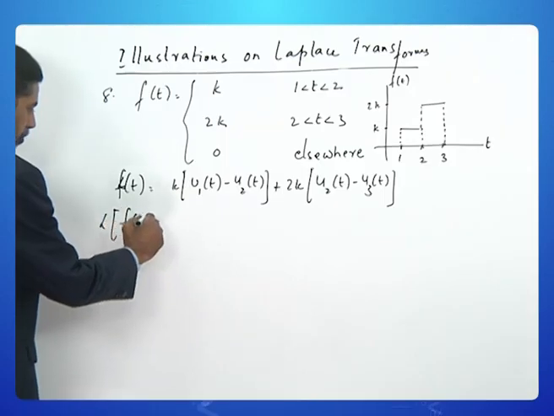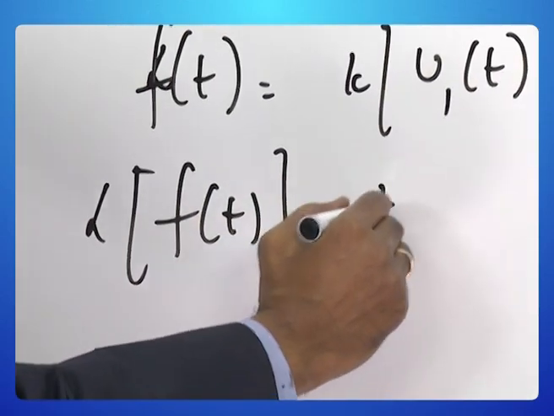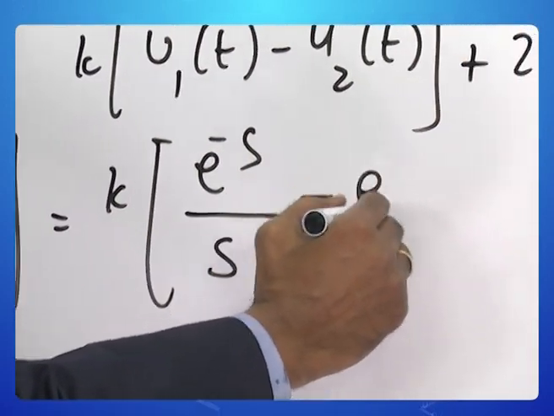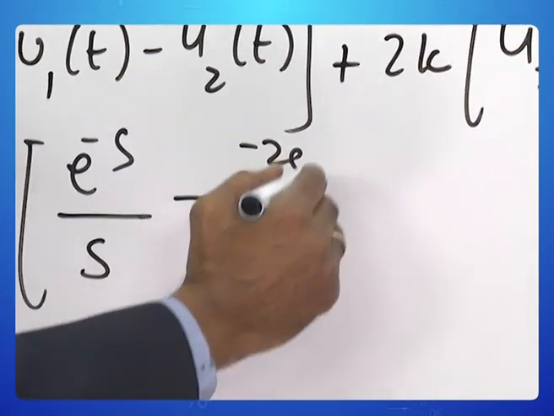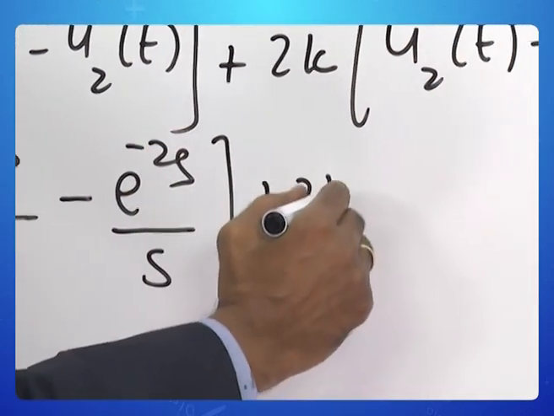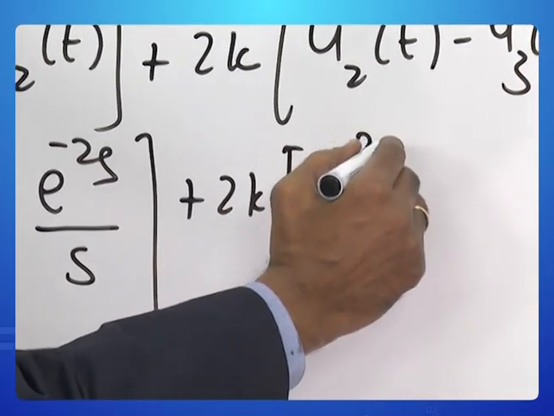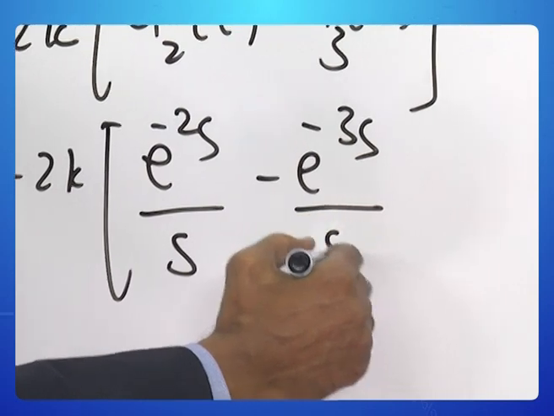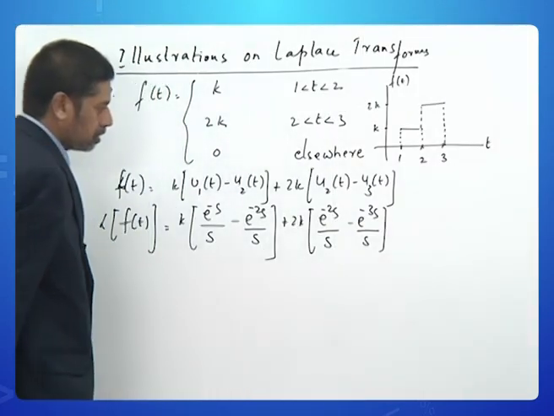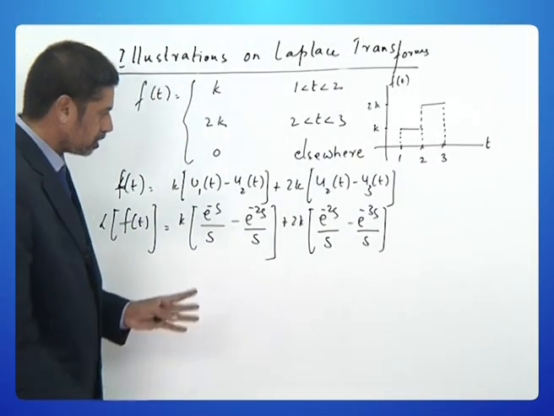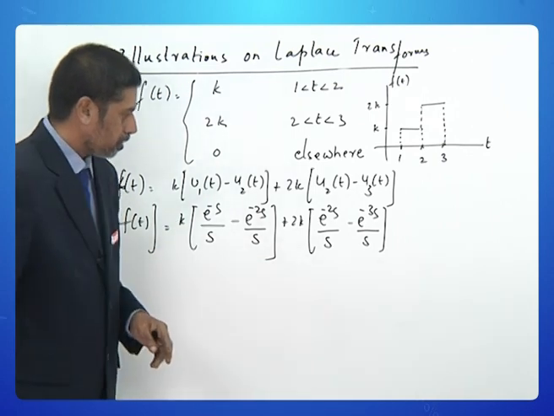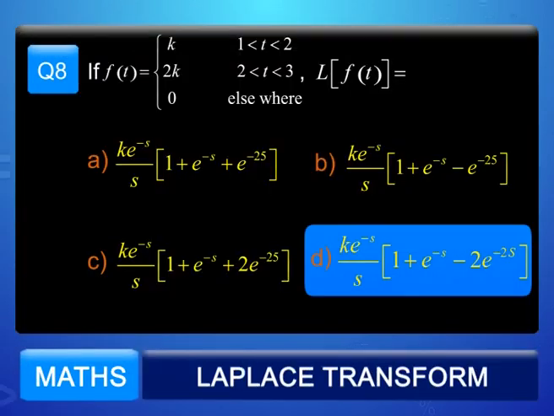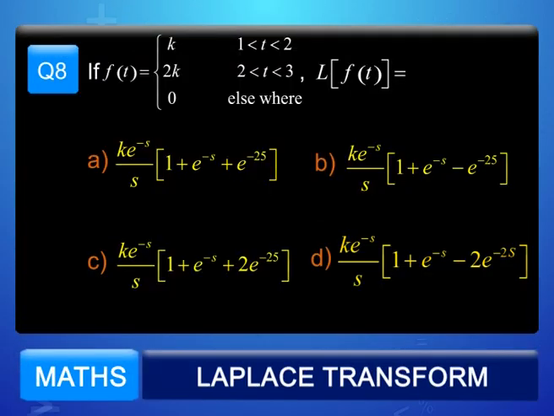So it has all become simple now. I am now writing directly e power minus s by s minus e power minus 2s by s, plus 2k times (e power minus 2s by s minus e power minus 3s by s). It's done. The problem is done. It's only the question of combining them properly, and the correct option for this problem will be D, which you can easily verify.